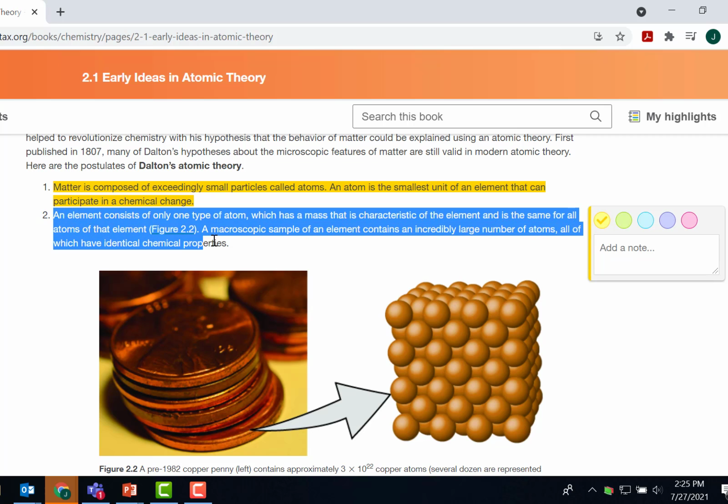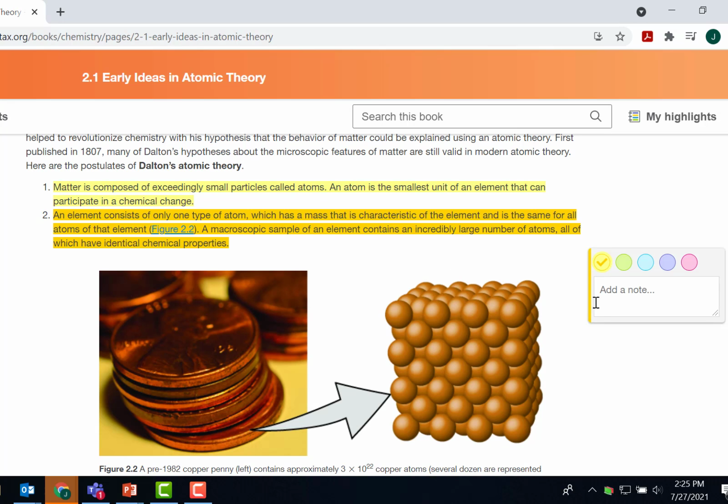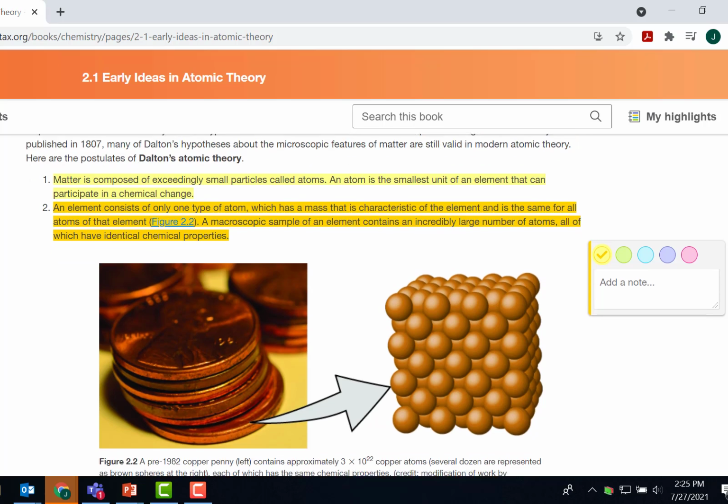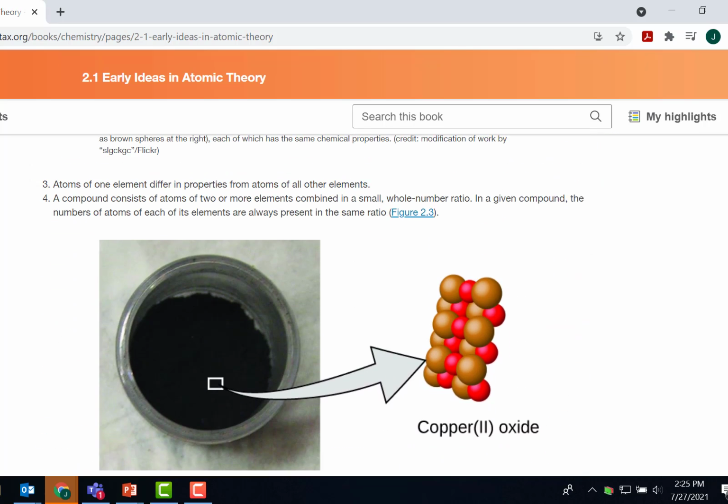And then the second postulate of the theory says an element consists of only one type of atom, which has a mass that is characteristic of the element and is the same for all atoms of that element. A macroscopic sample of an element contains an incredibly large number of atoms, all of which have identical chemical properties. Okay, so that's the second postulate from the theory. We'll come back and look at the pictures, but I want to go through each of these postulates first.